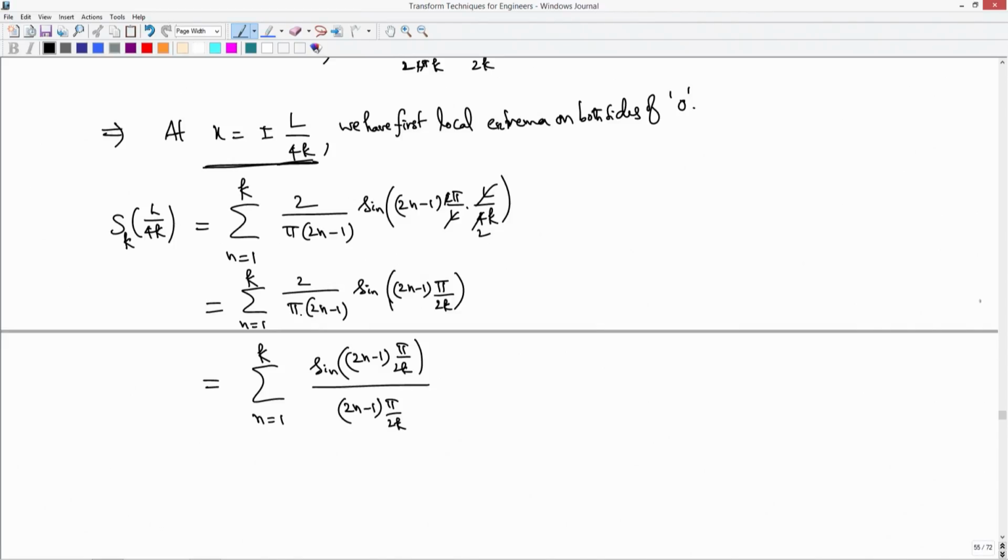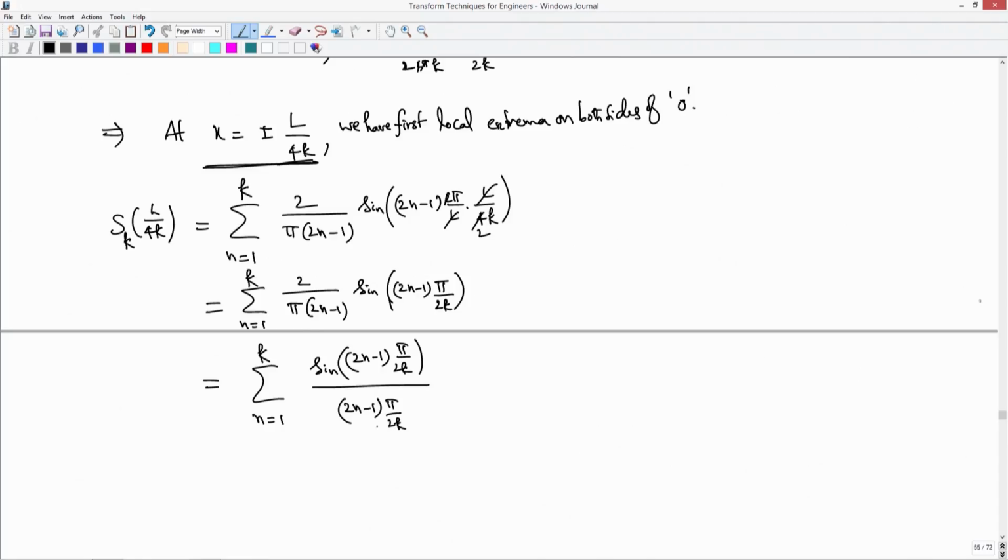I have added this 2k in the denominator, so pi by 2 is already there, and k is extra.